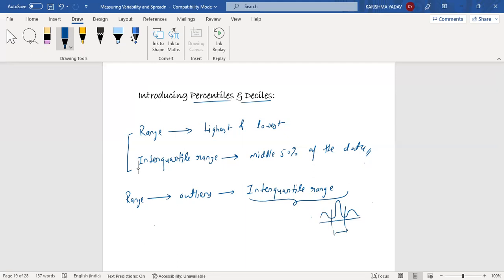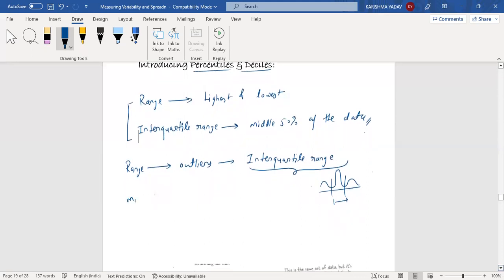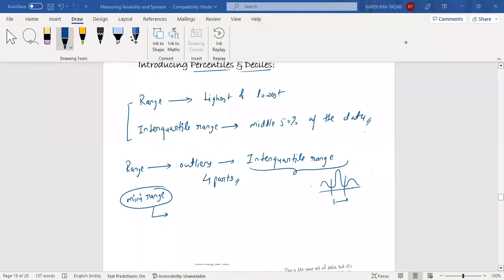The interquartile range is quite common, but it's not the only way to measure the range. We can construct many other ranges. In the quartiles, we divided the data into 4 parts. In the same way, we can split the data into 10 parts to create our ranges, and splitting the data into 10 parts is called deciles.